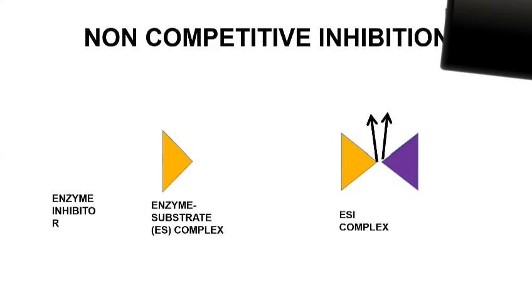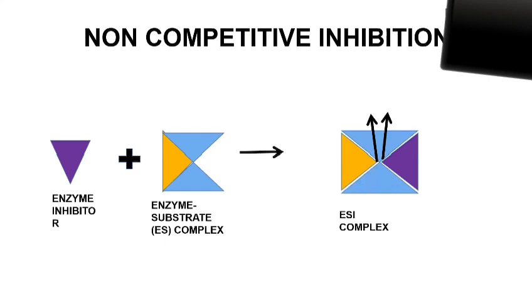Then coming to the mechanism, there's the enzyme substrate complex, and then there's the enzyme inhibitor, which results in the formation of the enzyme substrate inhibitor complex. But there are different sites for binding. The substrate binds at a different site of the enzyme, and the inhibitor binds at another site.